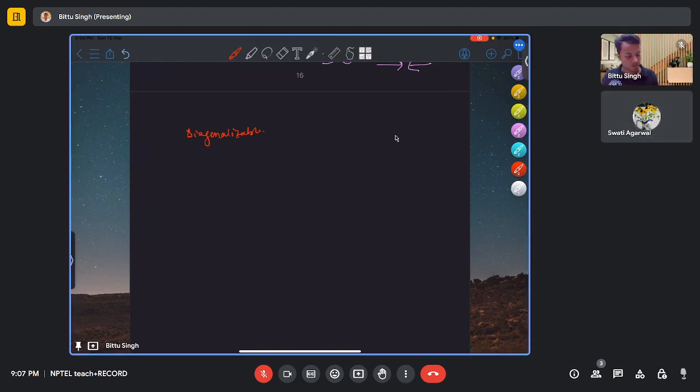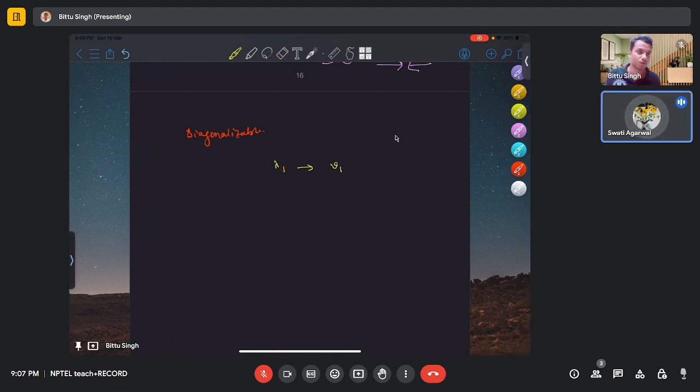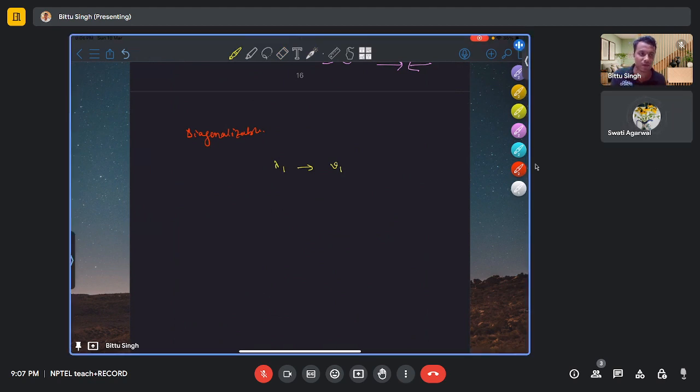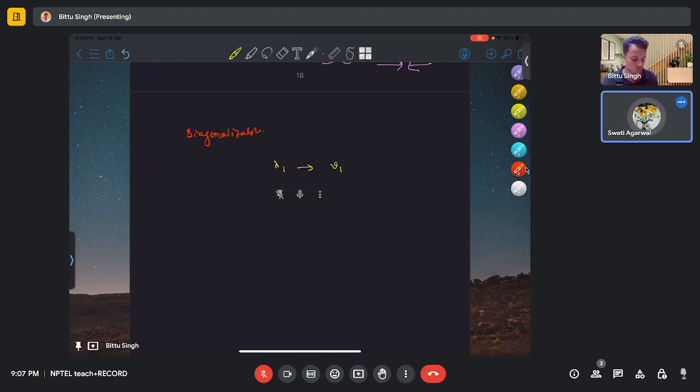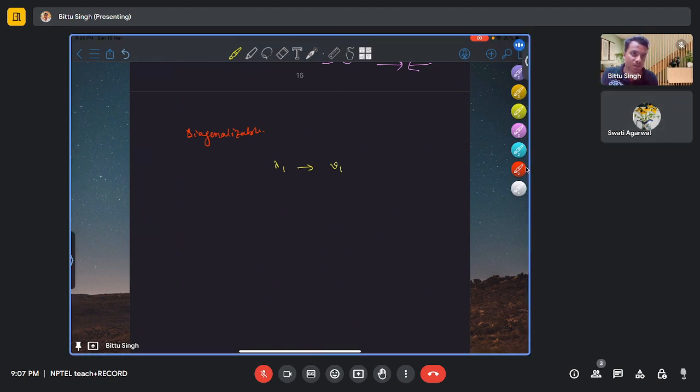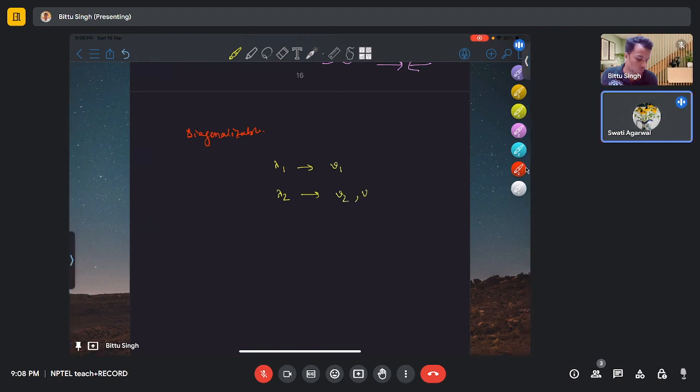He is saying that corresponding to lambda one, suppose you are getting an eigenvector v1. Corresponding to lambda two, we are getting two eigenvectors, suppose one is v2 and another is v2 dash.